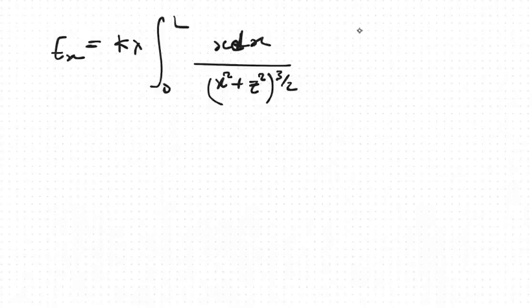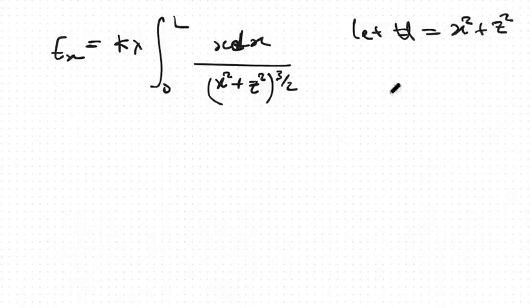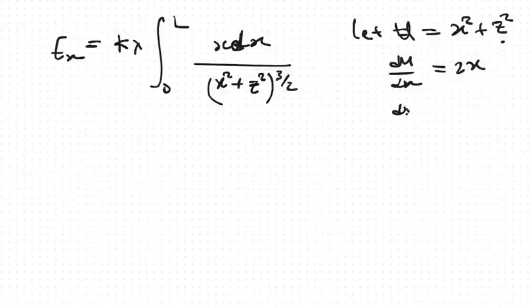We assume that u should be equal to x squared plus z squared. Then du will be equal to 2x dx, because the differentiation of z squared will be 0. So I can say that dx is equal to du divided by 2x.